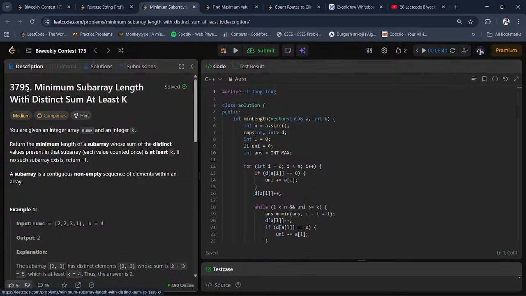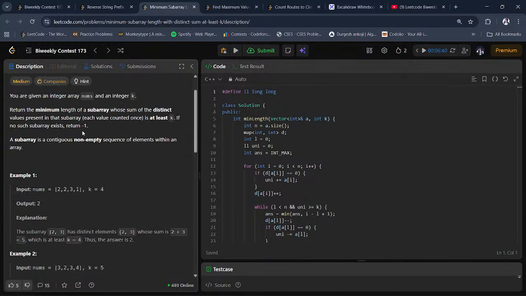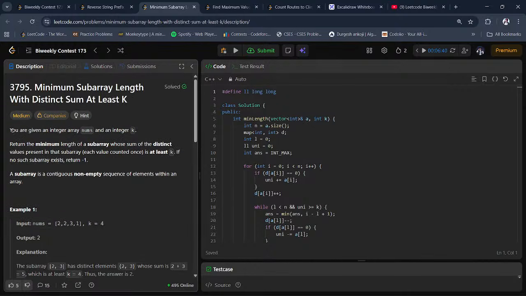The next problem is minimum subarray length with distinct sum at least k. I will read the problem first. You are given an integer array nums and an integer k.